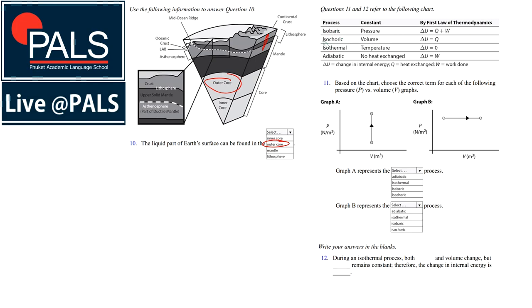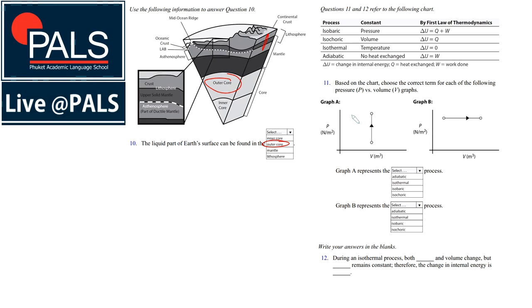It's called isochoric when the volume of a substance, or of a gas probably, remains constant. Isothermal means the temperature remains constant. Adiabatic means there's no heat exchange. Based on the chart, choose the correct term for each of the following.